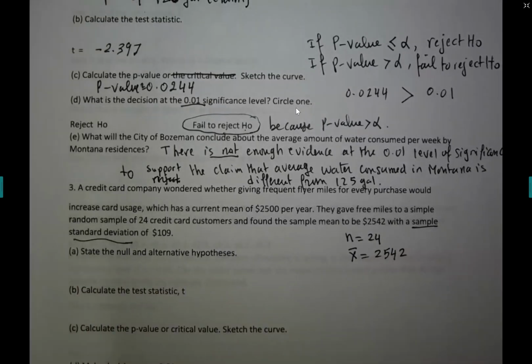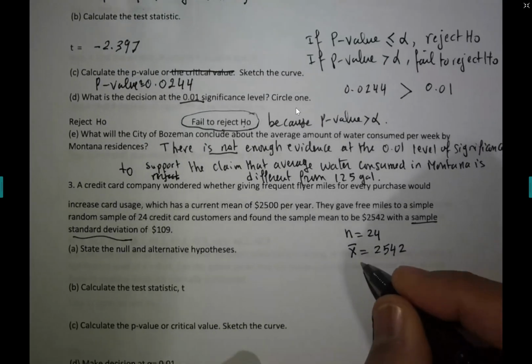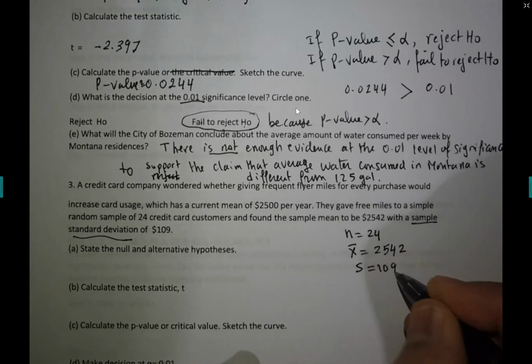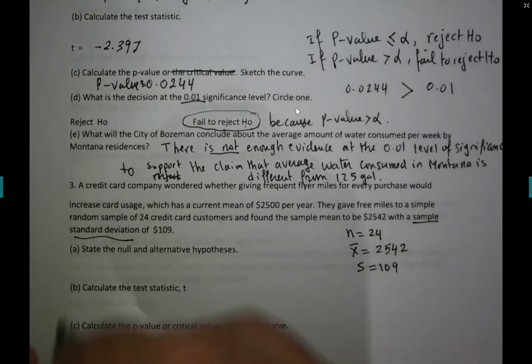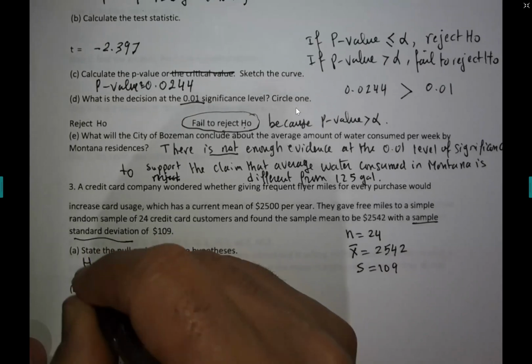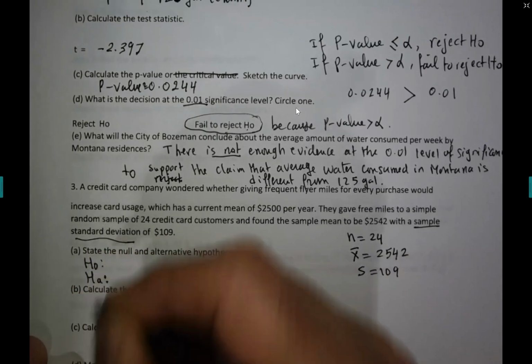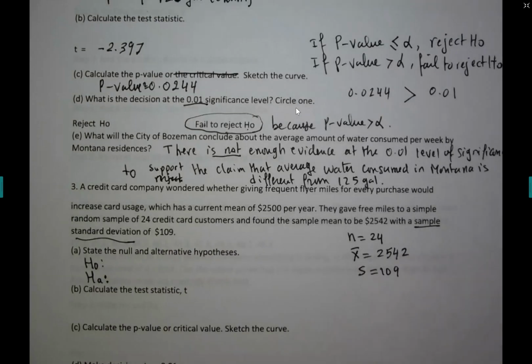There is no way, guys, that you can go wrong here. He's telling you sample standard deviation. Don't put sigma here. It's a big deal. You have to put s, because the label that you put will decide the nature of the test that you have to use. So he says s is 109. State the null and the alternative hypotheses. Can someone remind me what should be the null and what should be the alternative? They want to see if they can increase card usage beyond 2,500.